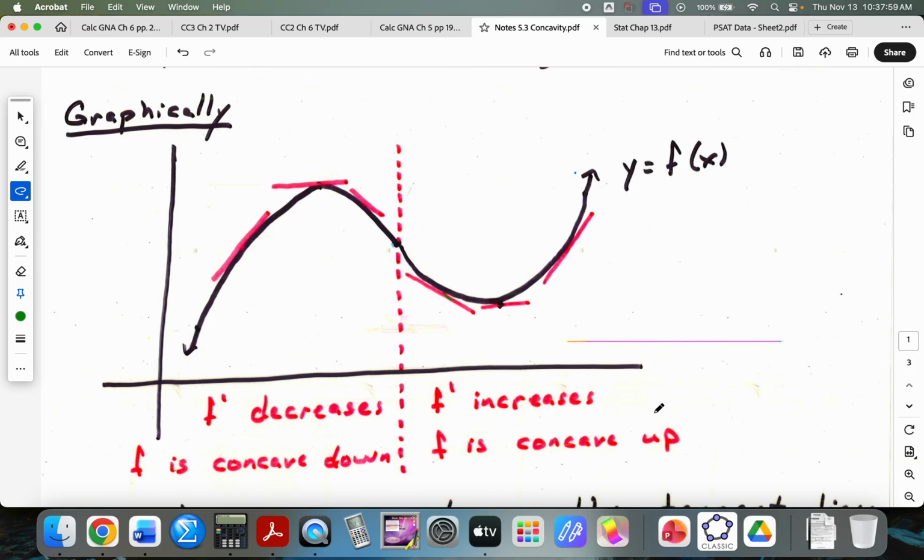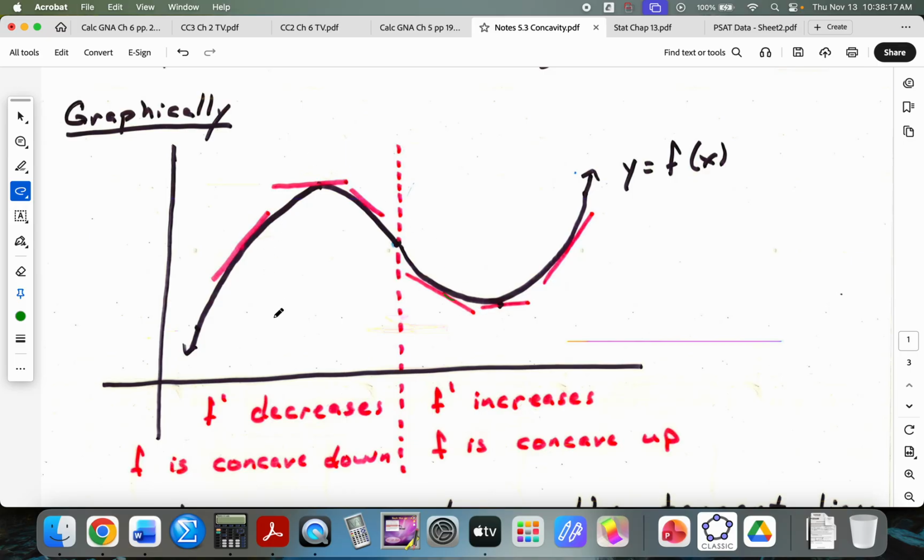Notice that all of the tangent lines here lie on or above the graph. And for this region, all of the tangent lines lie below the graph.